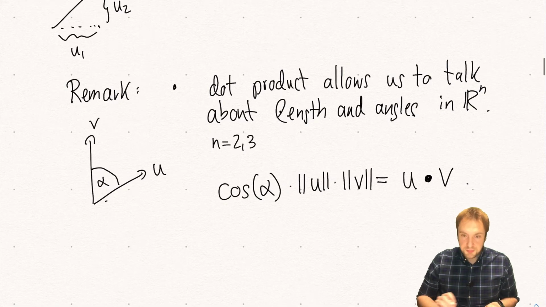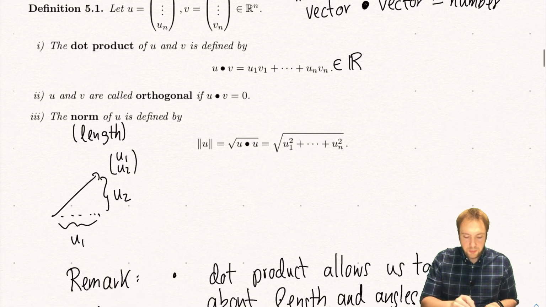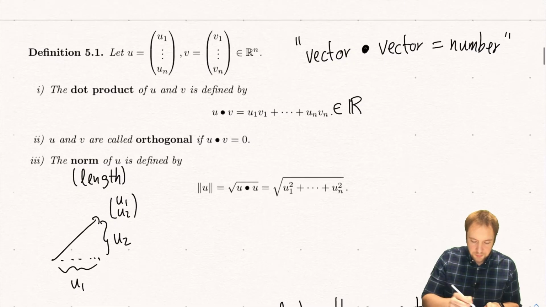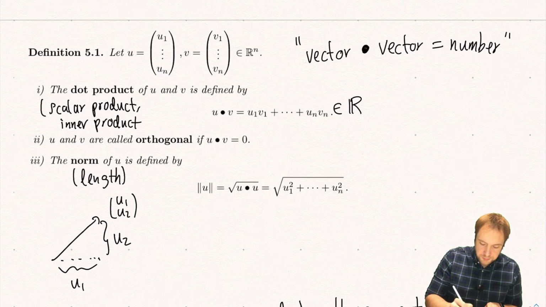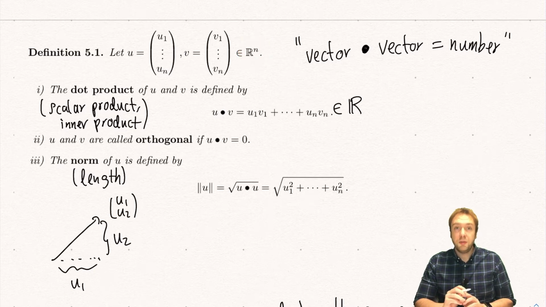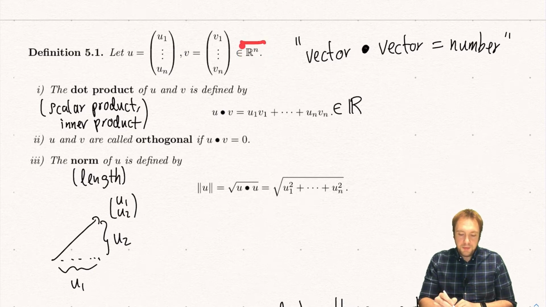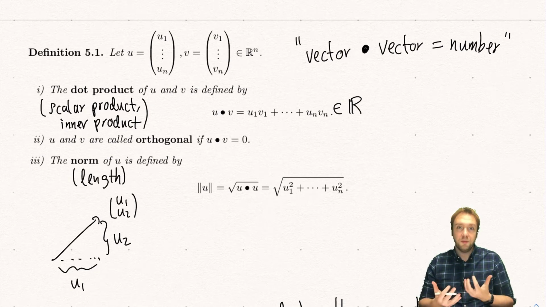Okay, but this is just a remark, and another remark is that this dot product is also sometimes called scalar product, or inner product. And also in linear algebra 2, we will talk about vector spaces, and these Rn's are just special cases of vector spaces, and other examples of vector spaces are, for example, the space of continuous functions or the space of polynomials.